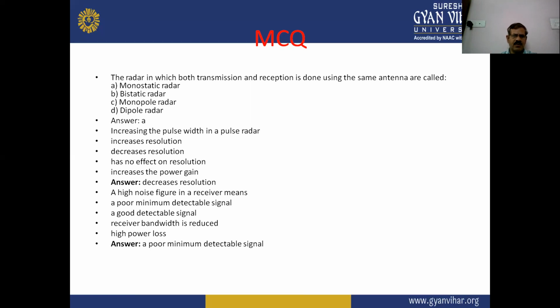So option A is correct: a poor minimum detectable signal. So a high noise figure in a receiver means a poor minimum detectable signal. So this is the correct answer.